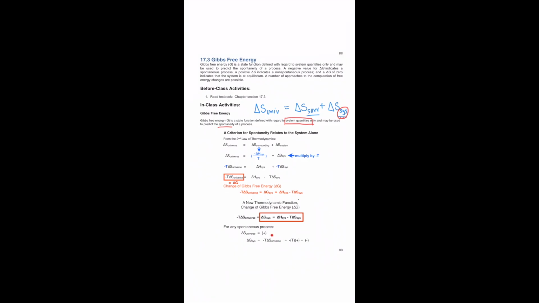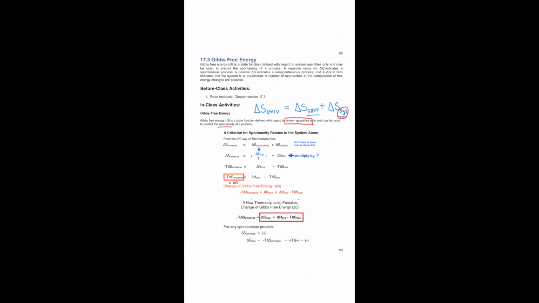If this entropy change of the universe is positive, multiplied by the positive temperature in absolute Kelvin, multiplied by negative, you are going to end up having the sign of the change of Gibbs free energy be negative for a spontaneous process. So therefore, for a spontaneous process, the entropy change of the universe must increase, but the Gibbs free energy change of the system must decrease.